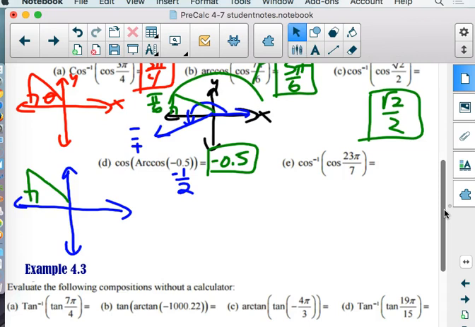For D, when we know that we have an inverse cosine for negative 1 half, we think, well, we've got positive cosine here, negative cosine here. If we put our angle in the second quadrant, we're good because that's in our PVR. And as long as it's in the PVR, these two are going to cancel each other out. So we'll be fine.